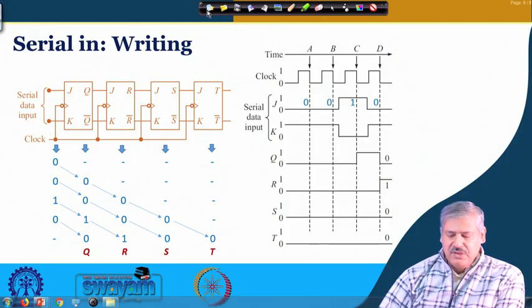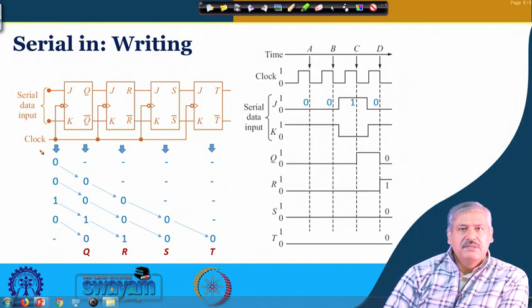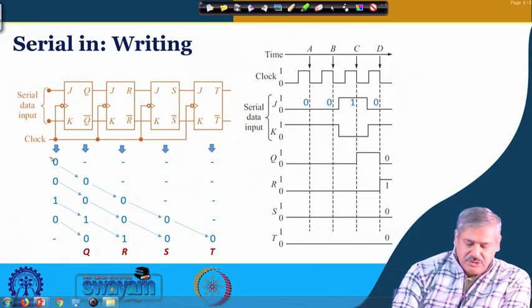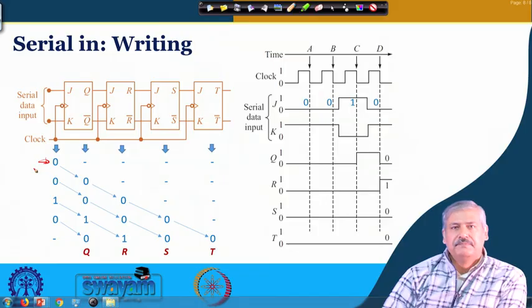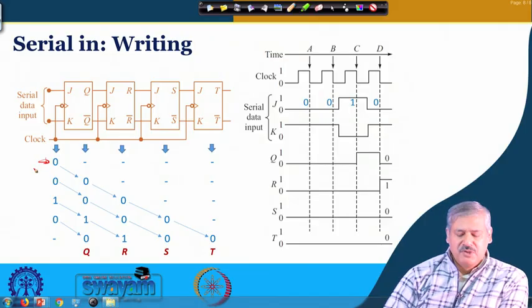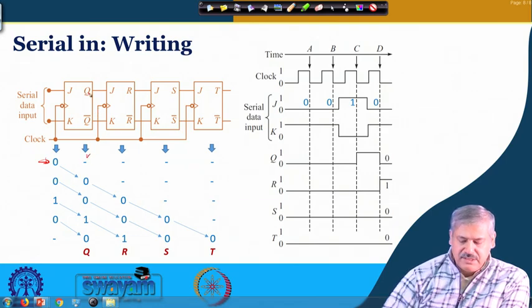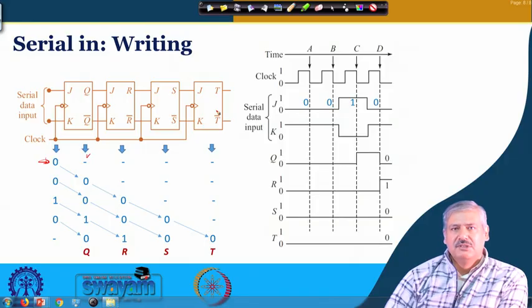Now, whatever is there in the serial data input, in the beginning, we consider only the J part of it, K is just an inverted version of J. So, let us consider that there is a 0 present here. Okay. So, with one clock trigger, this 0 goes to this place, that is flip flop Q. So, we are naming them Q R S T, right.